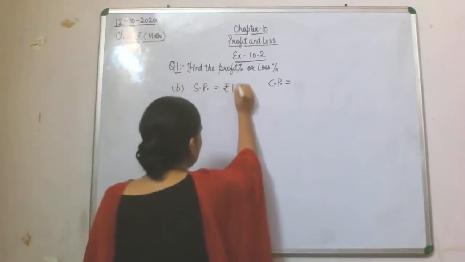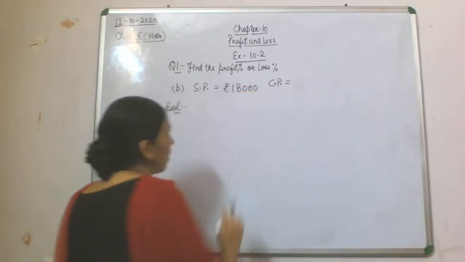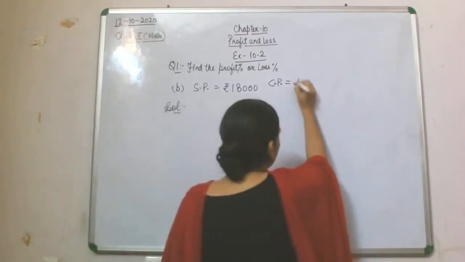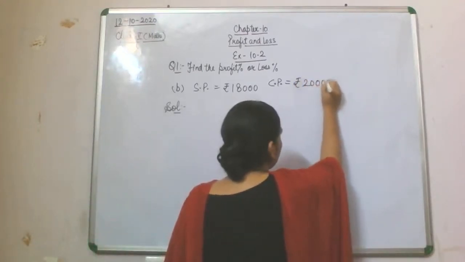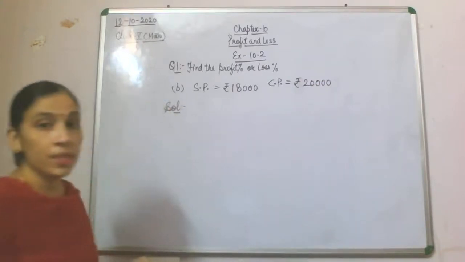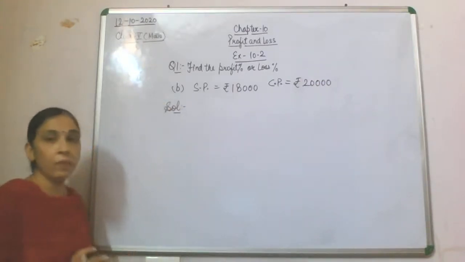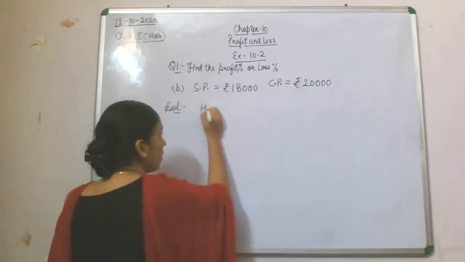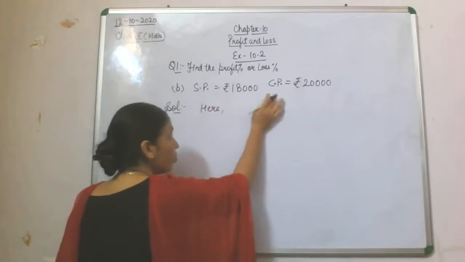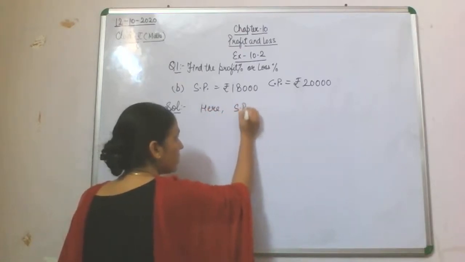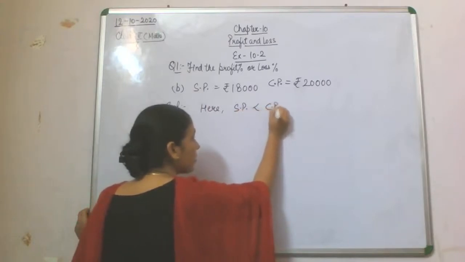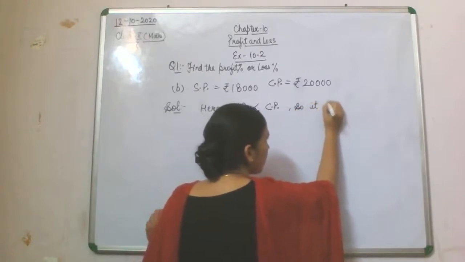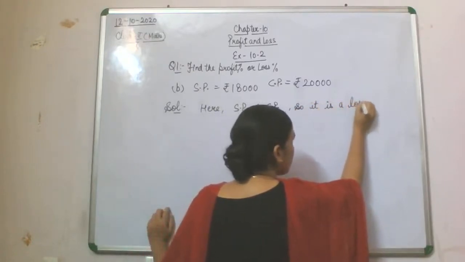Selling price is rupees 18,000 and cost price of that particular item is rupees 20,000. Now here you can see which is greater, selling price or cost price. Yes, now here we are having more cost price, so we'll write selling price is less than cost price. So it is a loss.